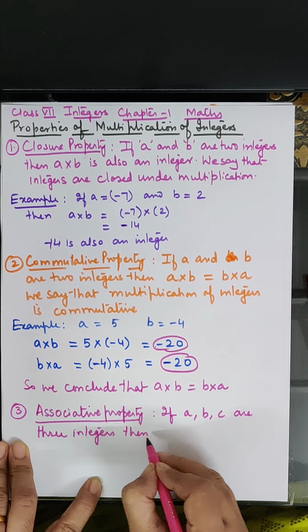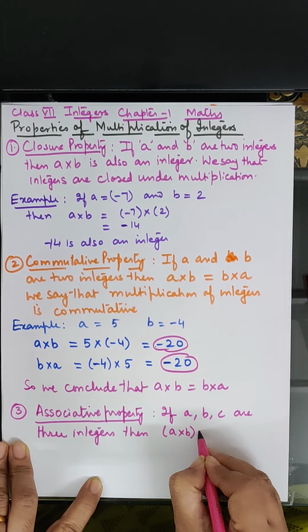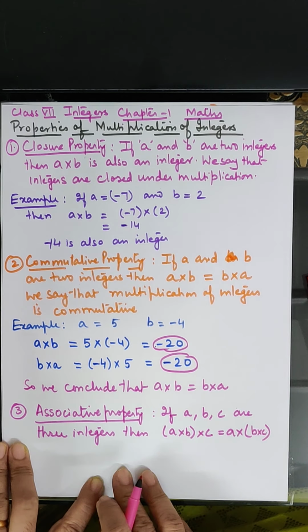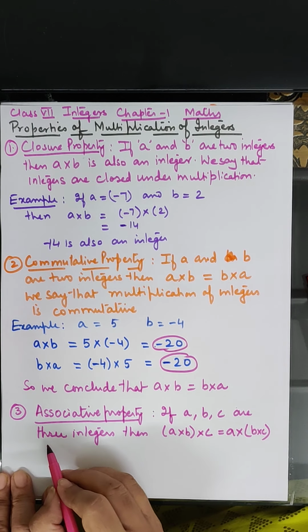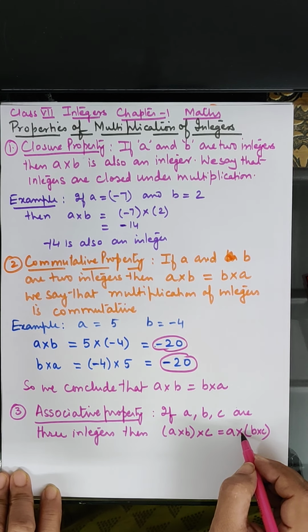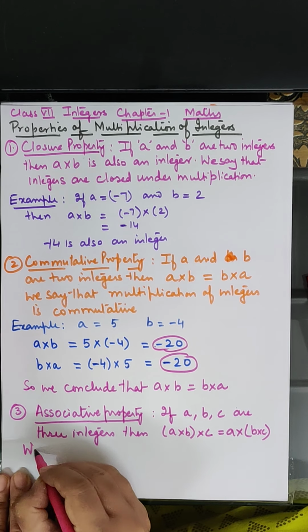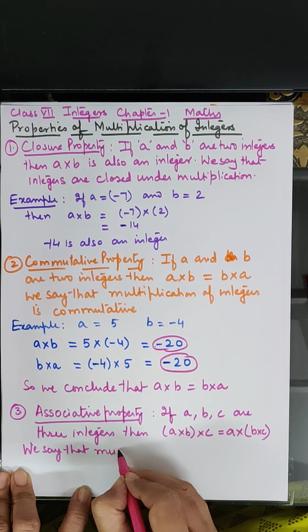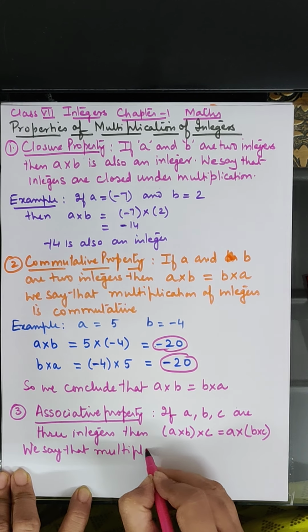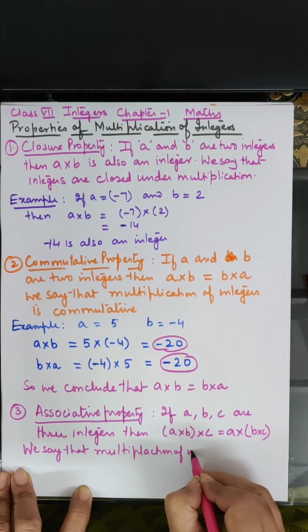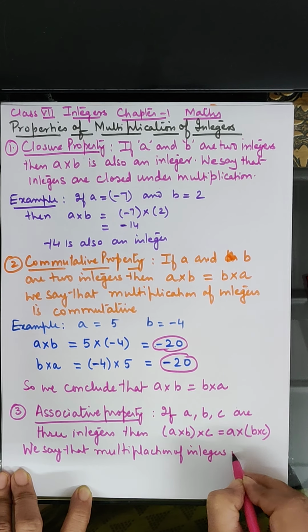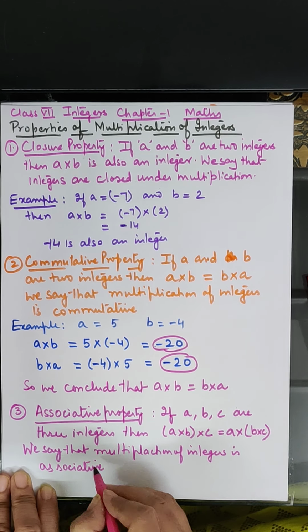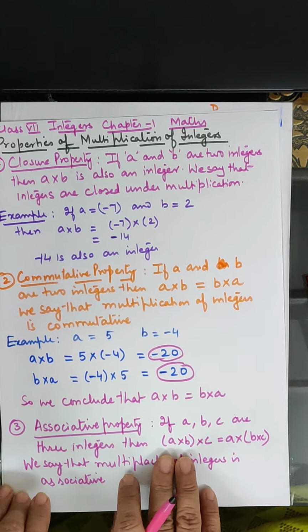Then (A into B) into C is equal to A into (B into C). All right. If this is so, then we say that multiplication of integers is associative. Okay. Now we take an example.